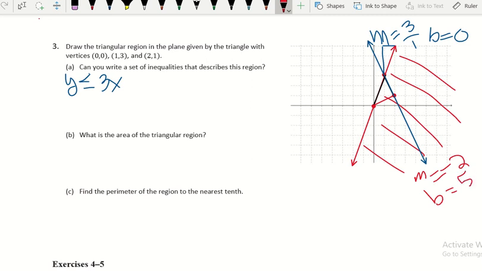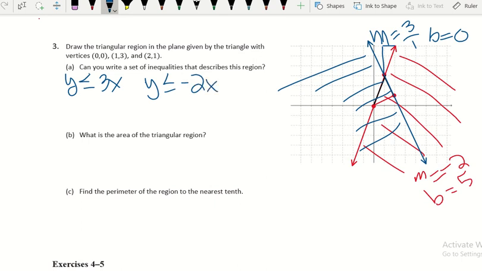And if we want to shade the line to cover that region, we're going to have to shade down again. Okay, we have to shade down. So we should use a different color. We should use blue again to cover that triangle. So now our second inequality is y is less than or equal to, and then it's negative 2x plus 5.